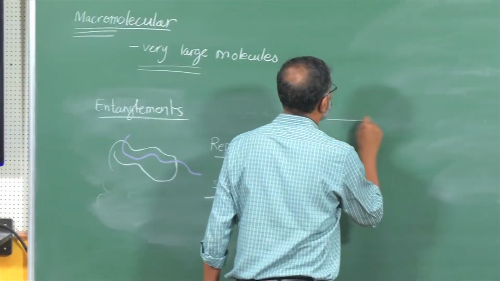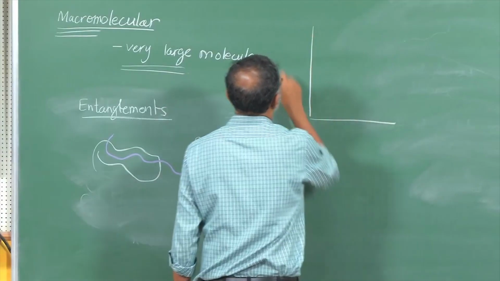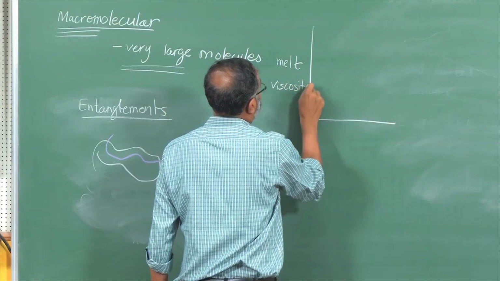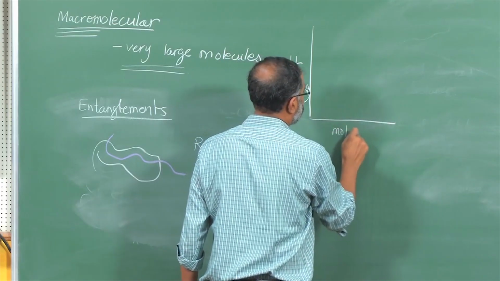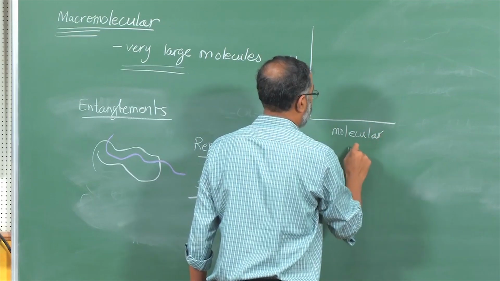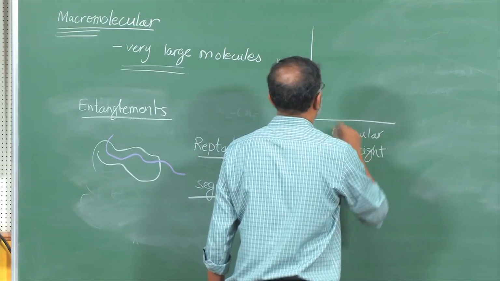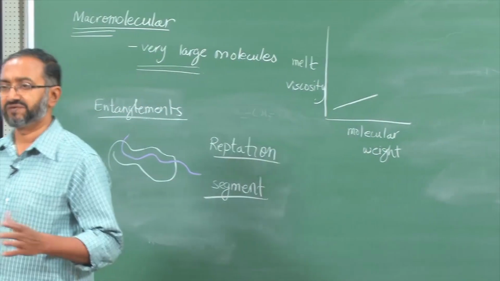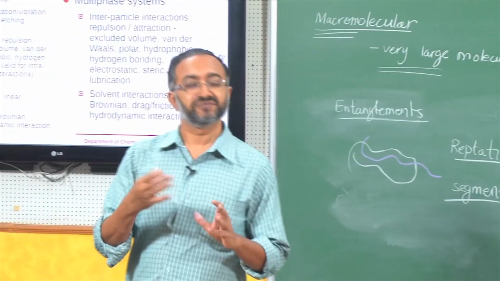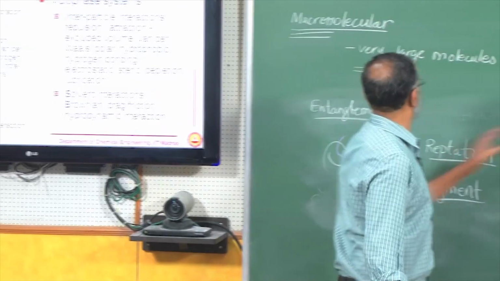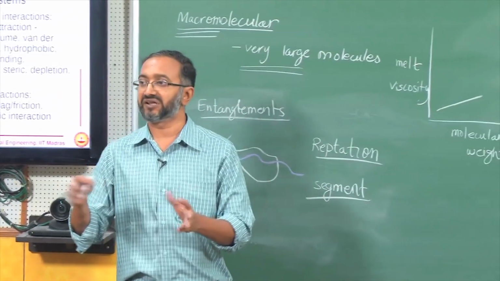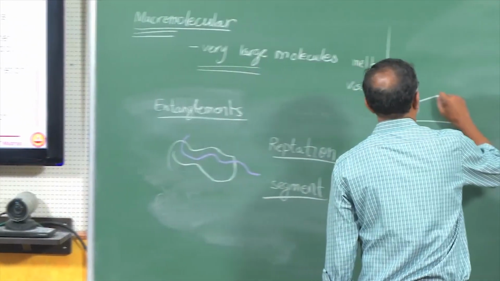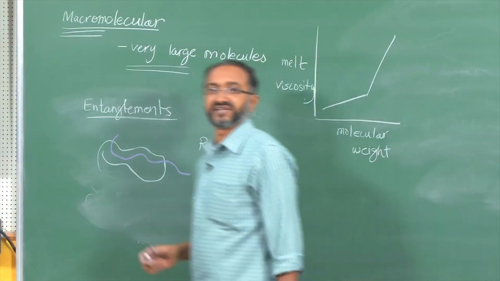So, if we look at melt viscosity as a function of molecular weight, and this is a log plot, what you will see is generally, and this is actually for lots of different types of chemistries, many different systems where you start adding more and more monomer units, so that the polymer molecular weight increases, then of course viscosity will increase, but beyond a certain point the viscosity increase is much more drastic.